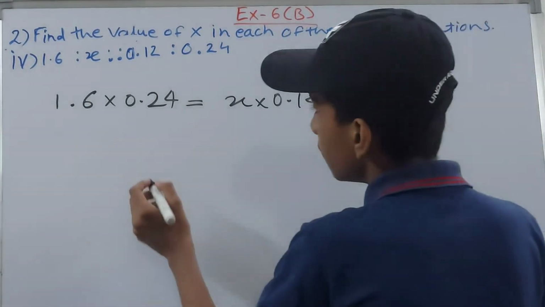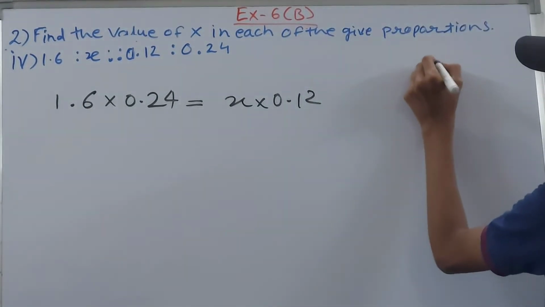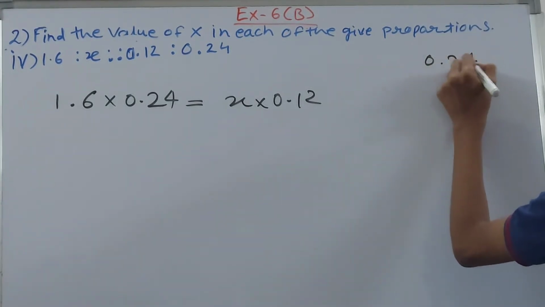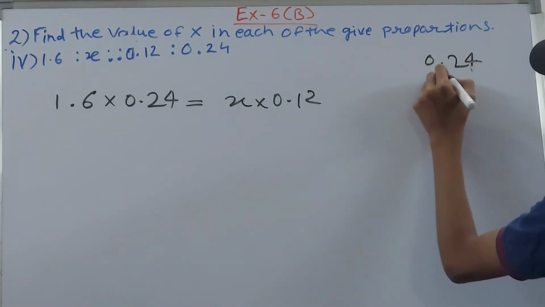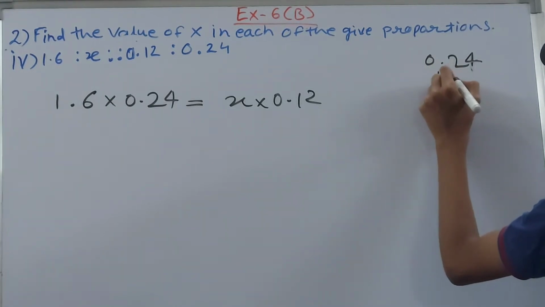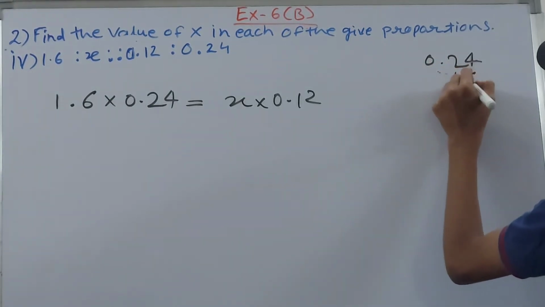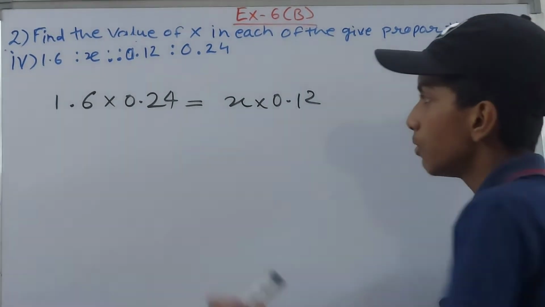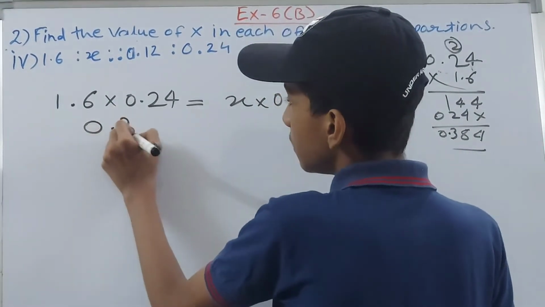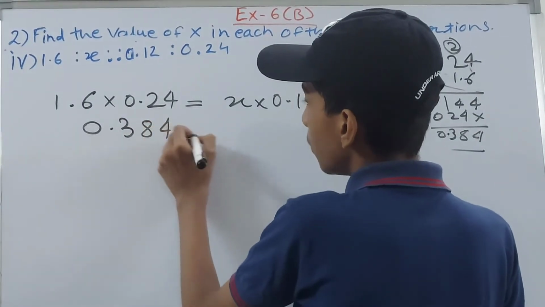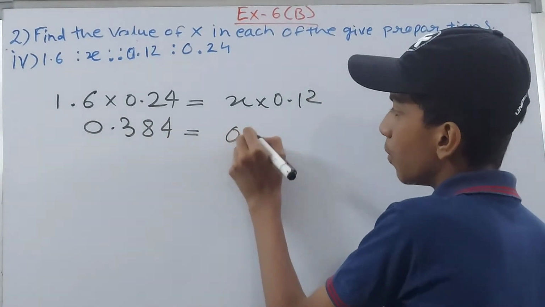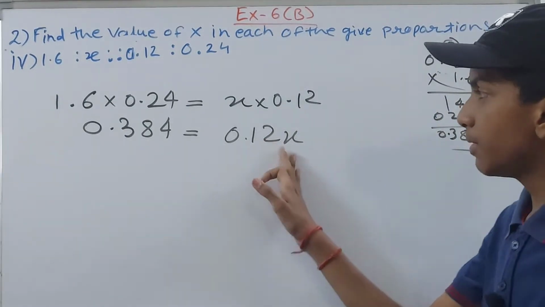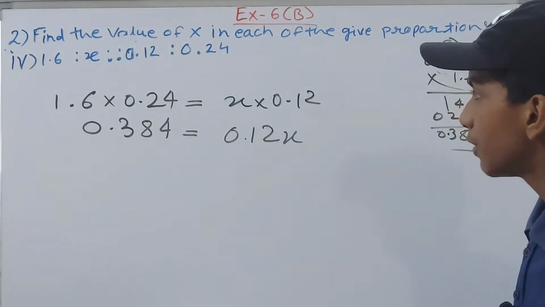Let's solve it. 6 4s are 24, so you write here 0.384 is equal to 0.12x. Here it is multiplying, so here it will divide.